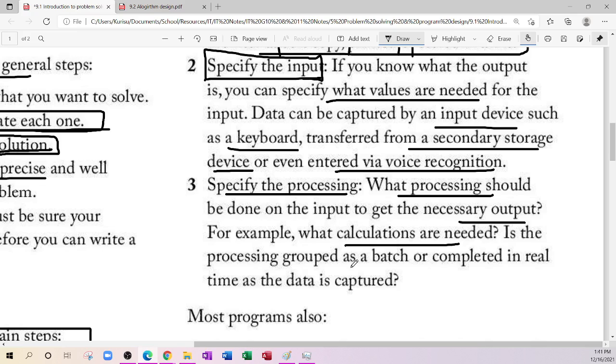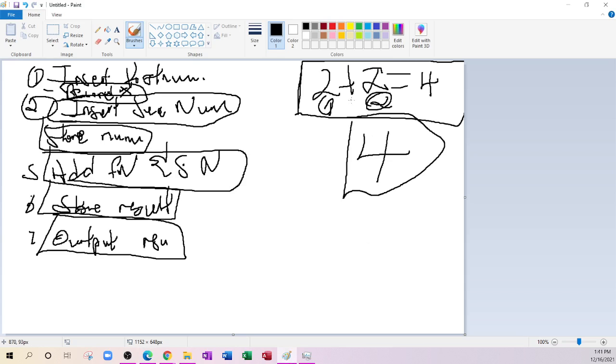And how will it be calculated? Will it be calculated in batch or will it be calculated in real time? So in my example, once again, what calculation needs to be carried out? I need to add number 1 with number 2. That is my processing. That is my calculation that I need to carry out here.